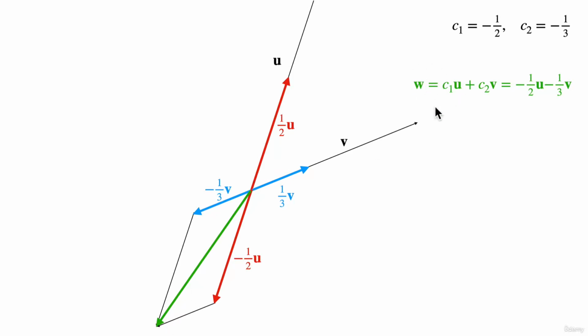So the linear combination of U and V with coefficients minus 1/2 and minus 1/3. And you see that we can obtain each vector of the entire plane, which contains our vectors U and V, by means of linear combinations. And so we can say that these two vectors generate the entire plane they belong to.